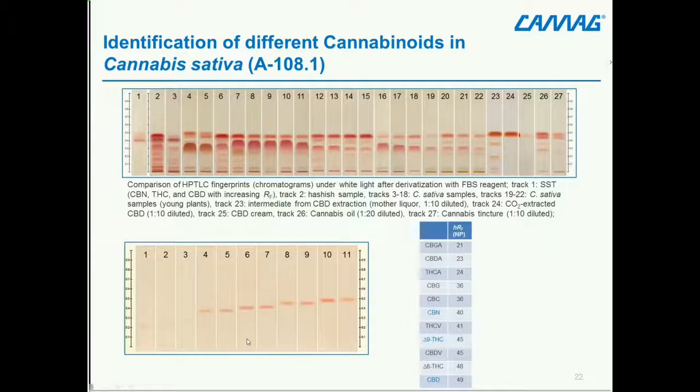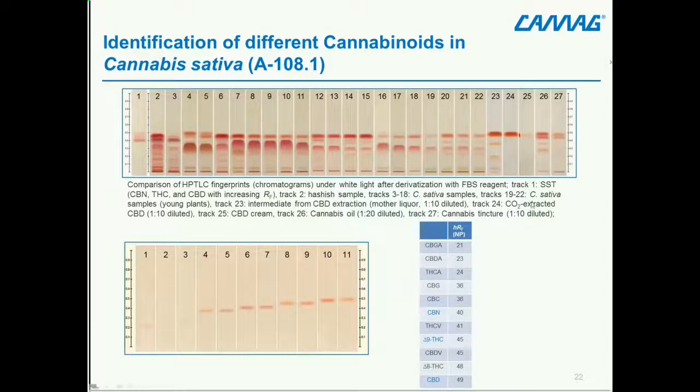So with HPTLC, you can do a comparison of multiple samples side by side with the software, with a comparison viewer. And these samples now originate from different plates, and they are also of completely different nature. So we have different cannabis samples, young plants, harvested plants, hashish sample.